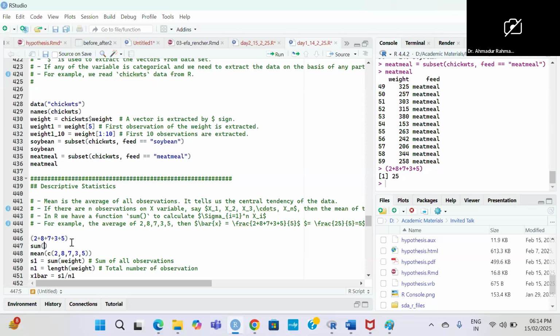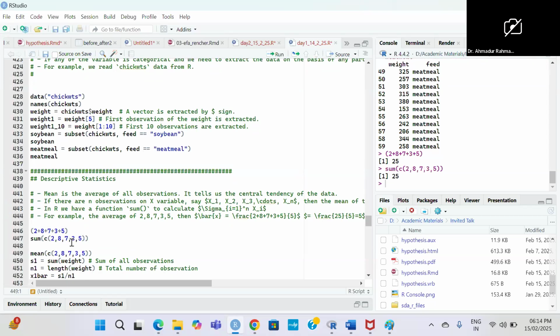Instead we can use the function sum, and then we write all these values with c. You have to make it a vector with c, and then we run this command and the value is again 25. Both of them give the same result.